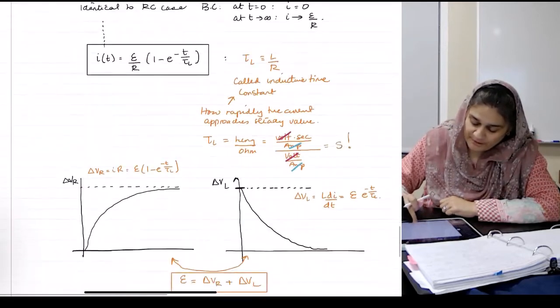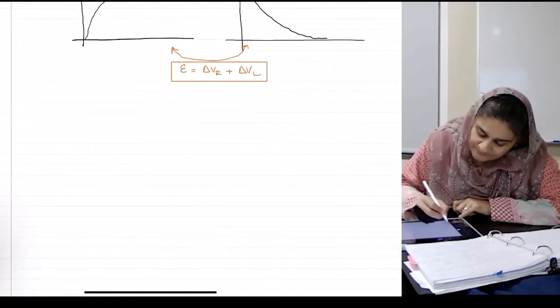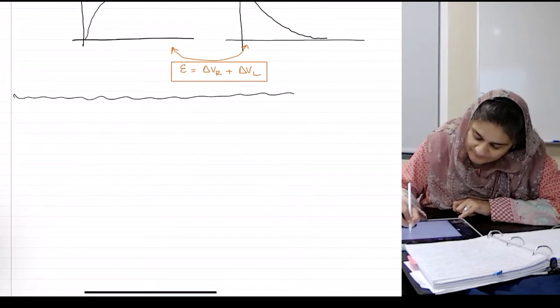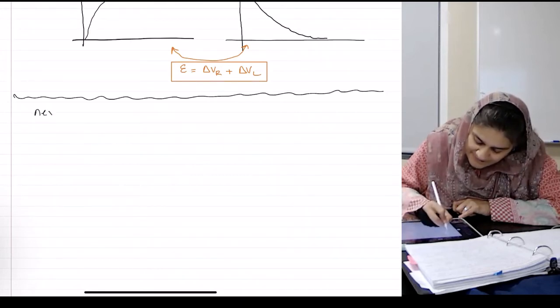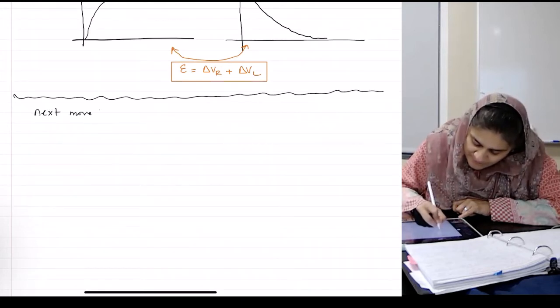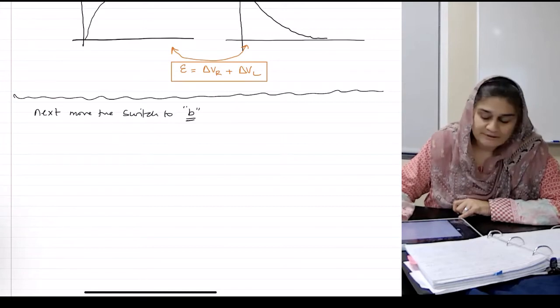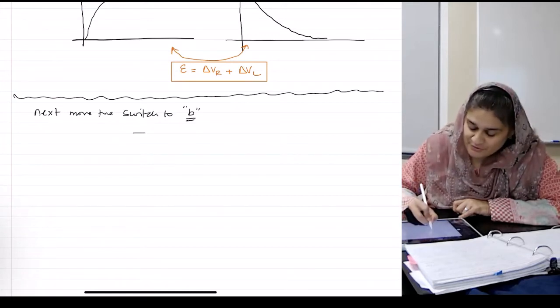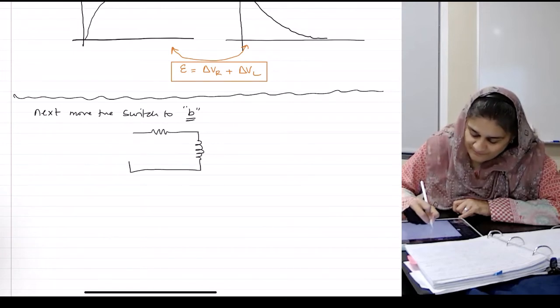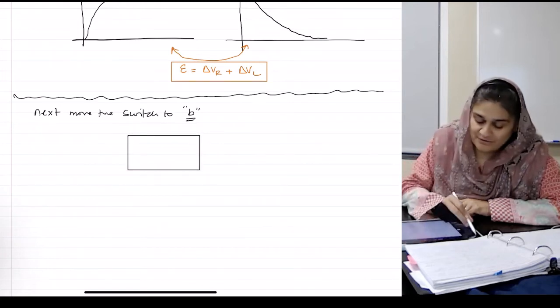So for part B, next, move the switch to B. So basically what you've done is you've taken the battery out of the system.